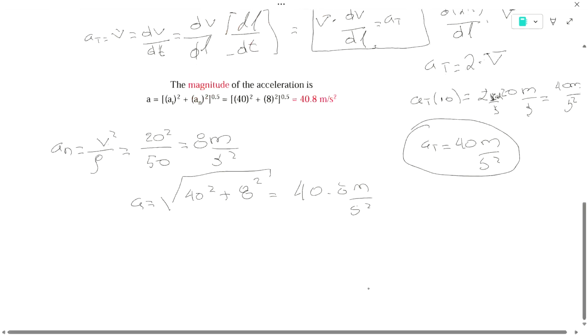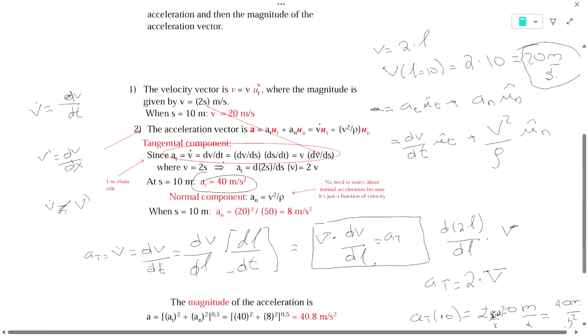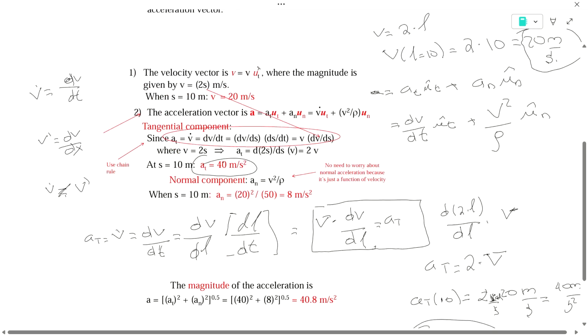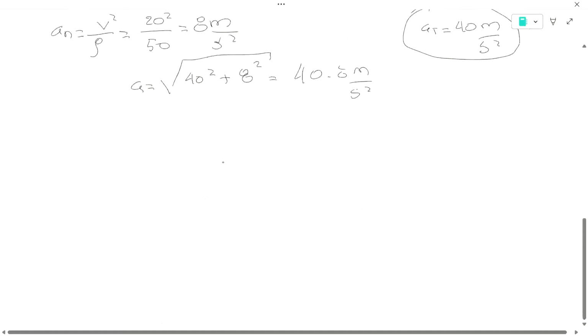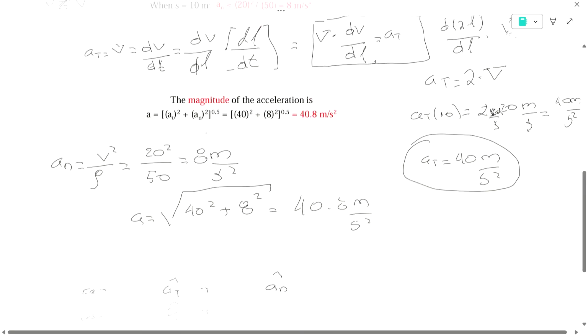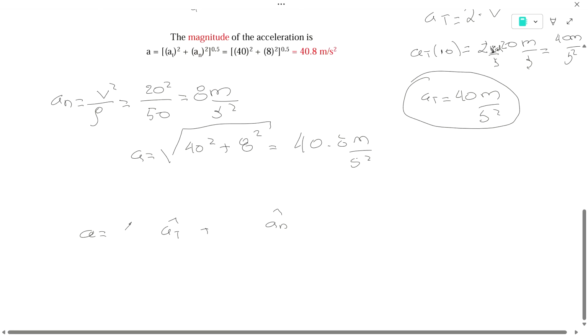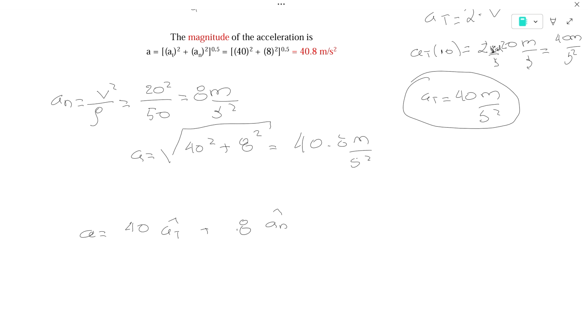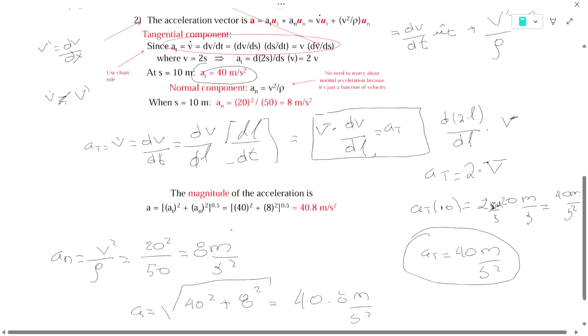And the way to write down the vector is acceleration equals a tangential term plus or minus a normal term, depending on what we use, but in this case it is plus. Tangential is 40 and normal is 8. So that's the acceleration vector.